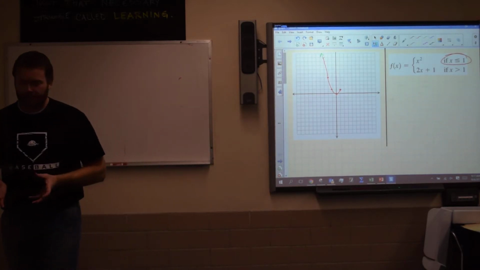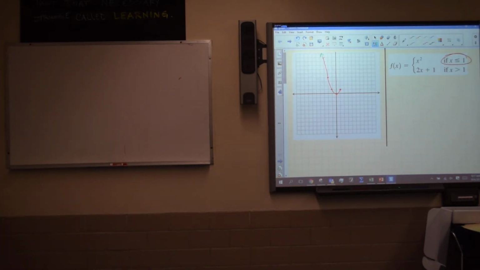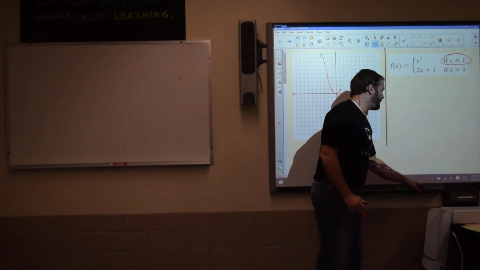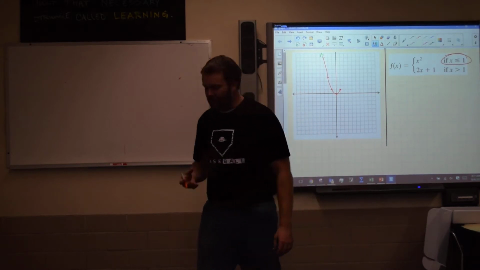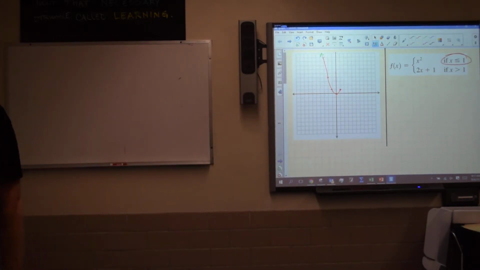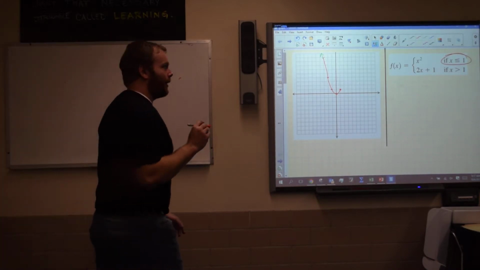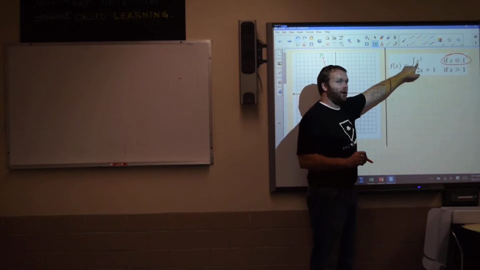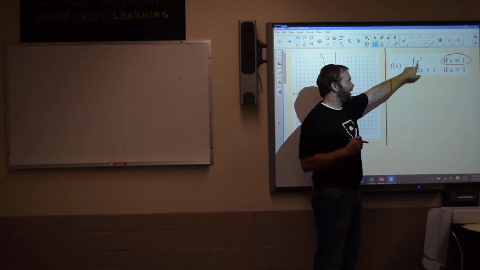Alright, so that's the first rule. Once you get that first rule knocked out, you go to the next one. So you go 2x plus 1 if x is greater than 1. Now here's the technique with piecewise functions. We know that 1 belonged to the first rule, right? If x was 1, it belonged to that rule.